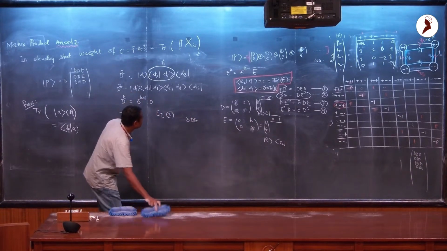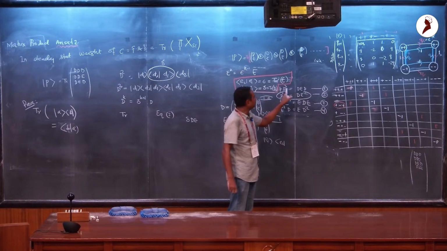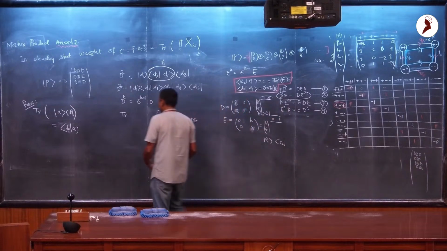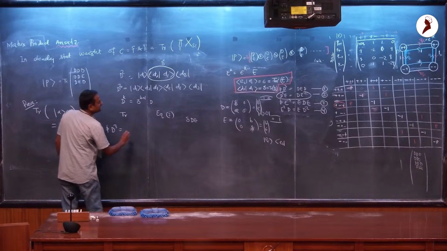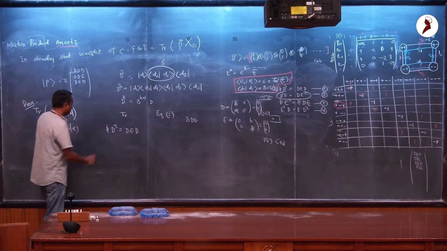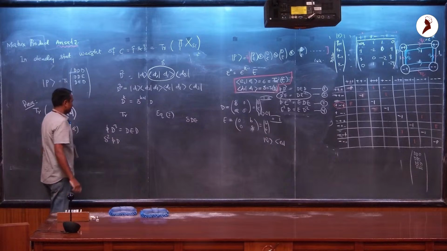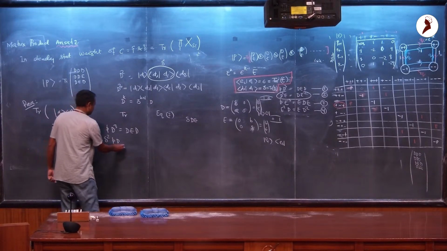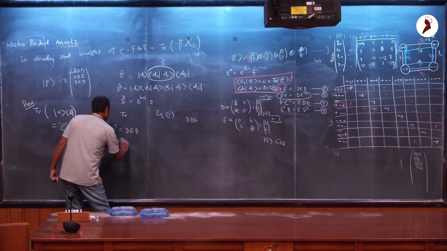Okay, so P D Q equal to delta P delta square. So let us write it, P D Q equal to DED. Okay, so P D Q is delta square P D and equal to DED.